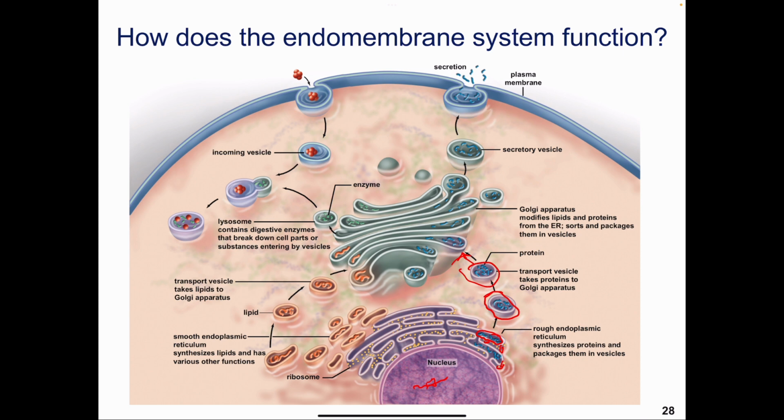Beyond that modification of the protein with an addition of a sugar group, the protein is going to be folded to its final shape and packaged so that it's going to be delivered to the final destination.